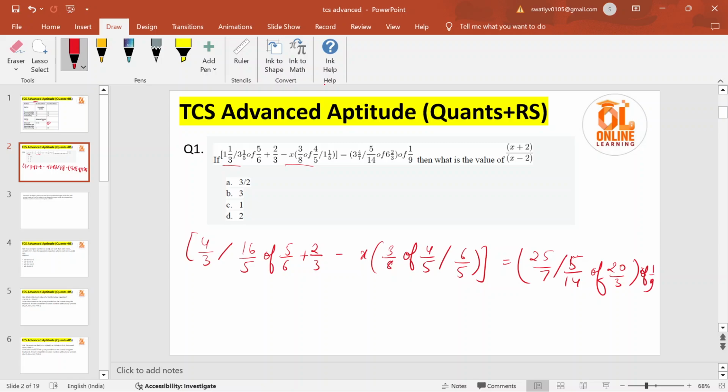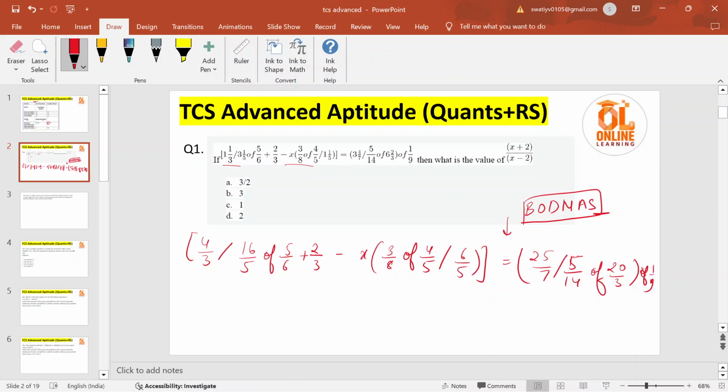Hope you know the BODMAS rule. I hope everyone must be aware of this rule. While solving simplification questions, you should always keep the BODMAS rule in mind, because this is a very important part of question solving.